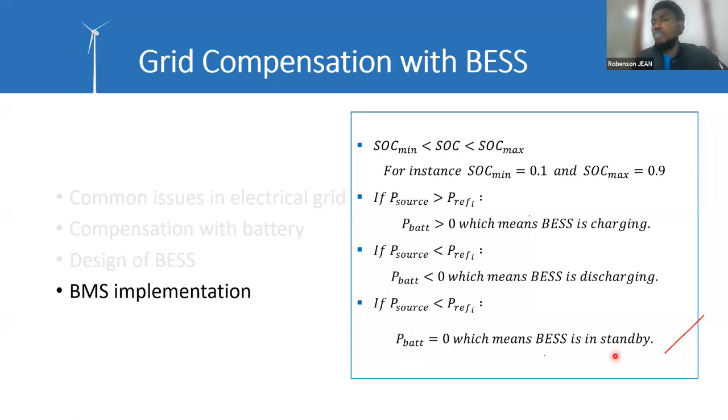So this means my battery will be in standby mode, because I am in a perfect situation where the generation is equal to the consumption. So I don't have to use the battery energy storage system.